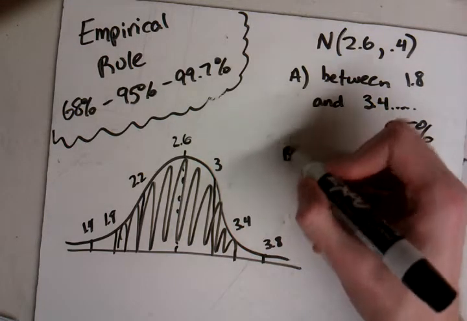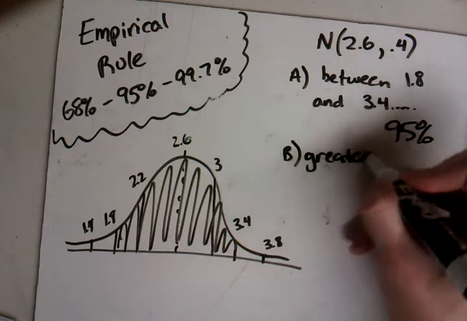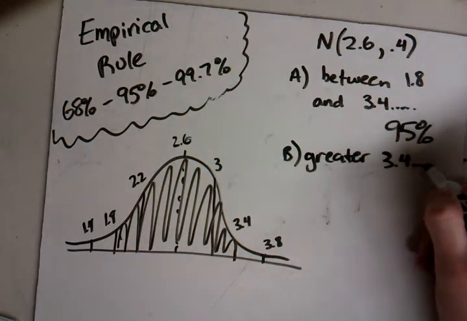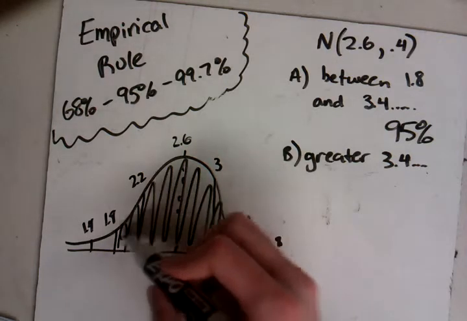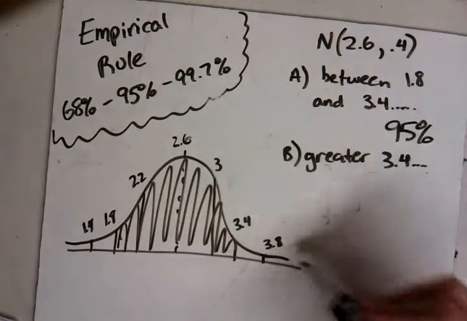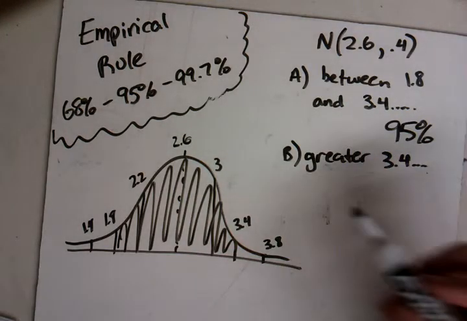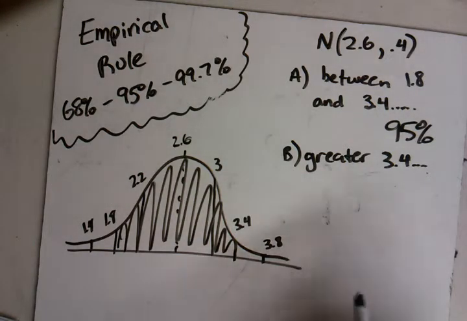Part B asks for how much falls greater than 3.4. So here we have to think a little bit. We know that this part here inside, we just said that was 95%. And if you take the whole area under the curve, that would be 100%. So 100 minus this part we've shaded in would leave 5%.